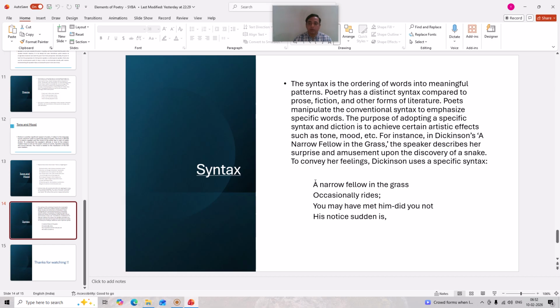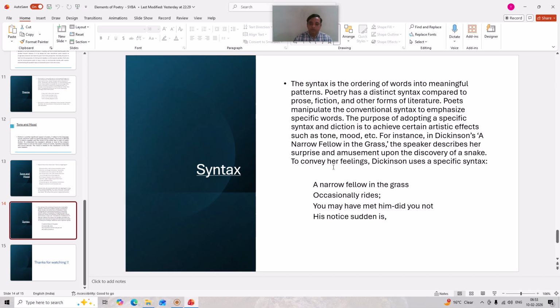The purpose of adopting specific syntax is to achieve certain artistic effects such as tone, mood, etc. For example, in Dickinson's A Narrow Fellow in the Grass, the speaker describes her surprise and amusement upon the discovery of a snake.